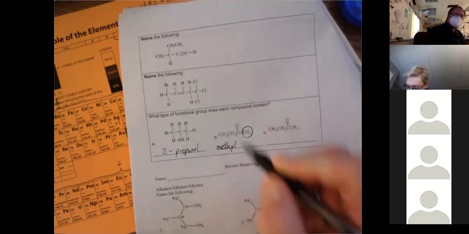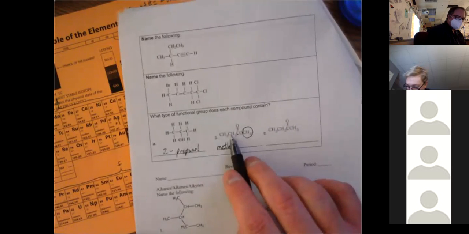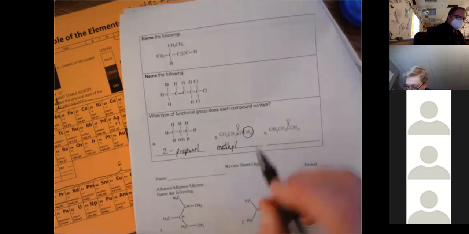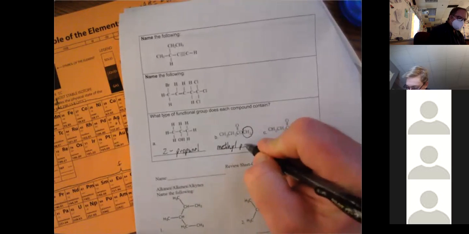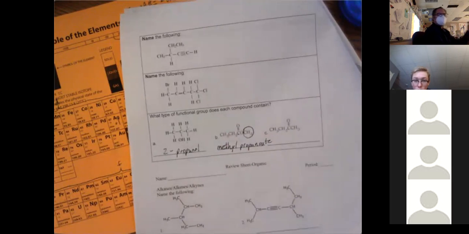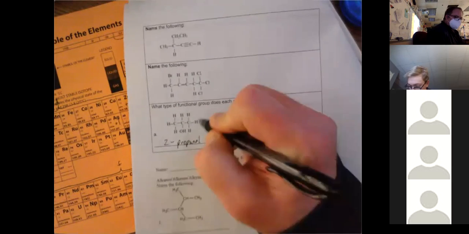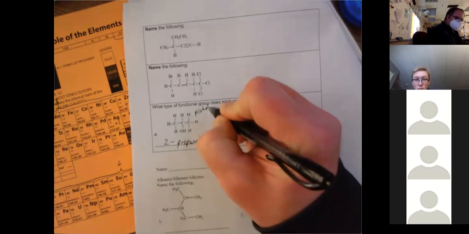That is a methyl group. So we'll call that methyl, and then what is this group? Propyl. Propan-oate. And remember, you're not required to name these. All you would have had to do with this is say that this is an ester. You would have had to name the alcohol.